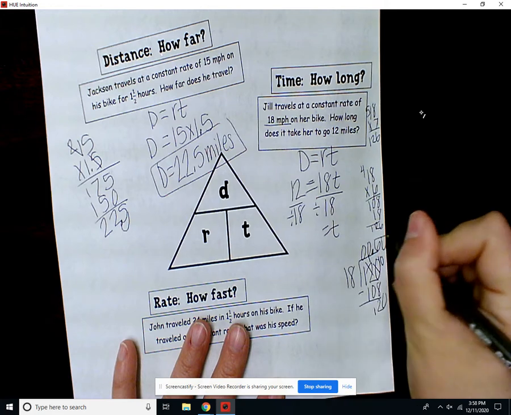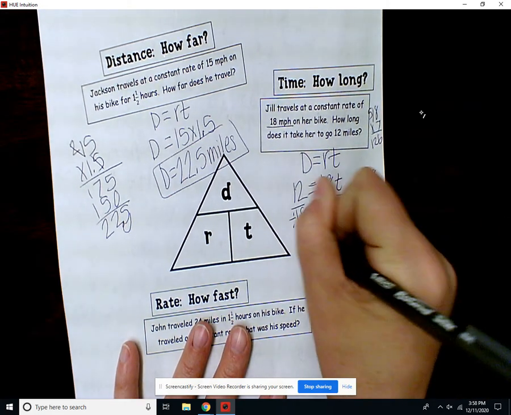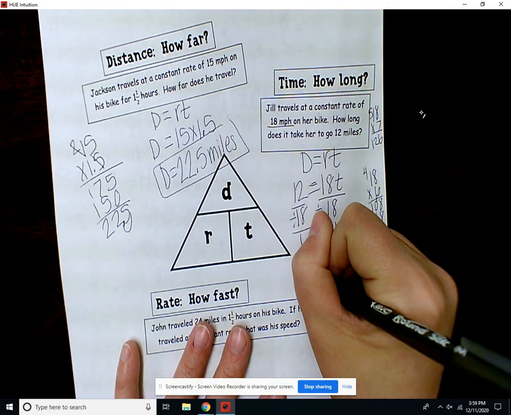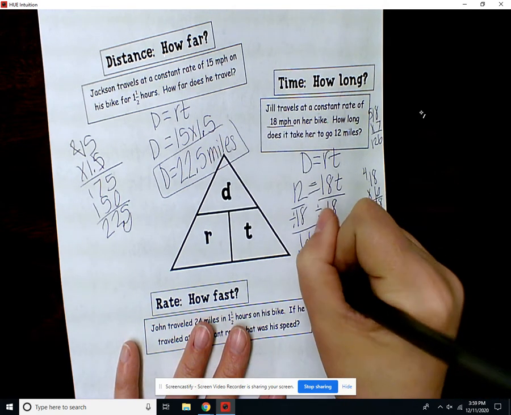And then it's going to keep repeating. So we get 0.66. This is our time, hours.